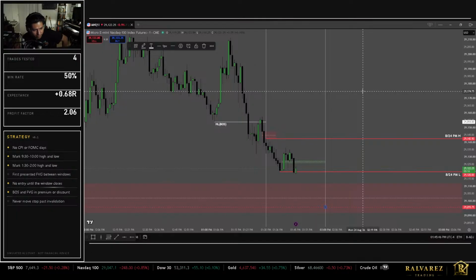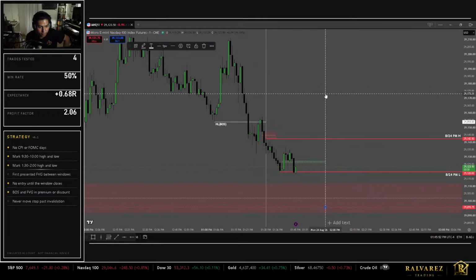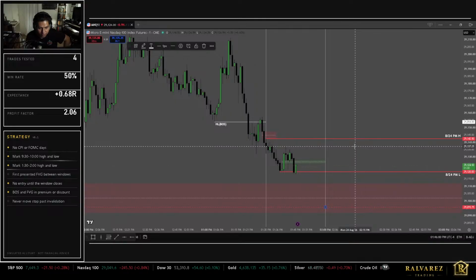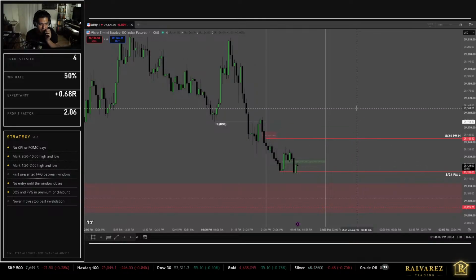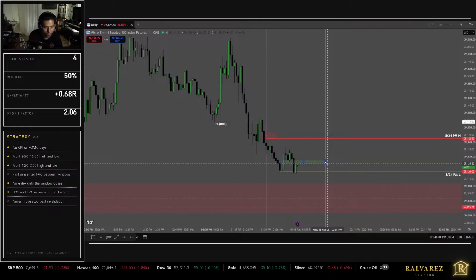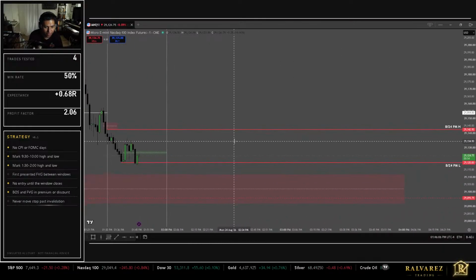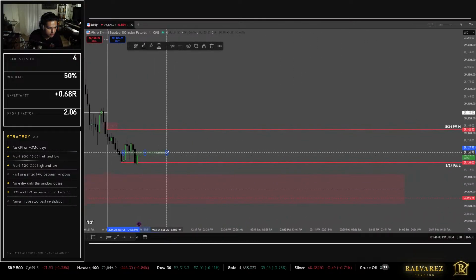Even if price keeps on going down lower right now, we can't enter until this 2 p.m. candle finally closes, and we look for something. After 10-15 minutes of that, if there's no entry, then we won't take one. But if there is, then we'll see what happens. Just gonna quickly extend this to the right real quick.